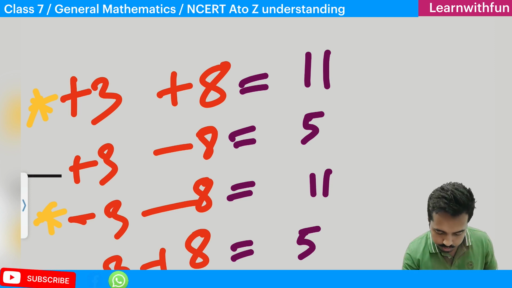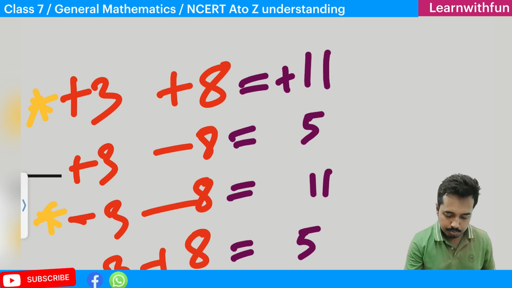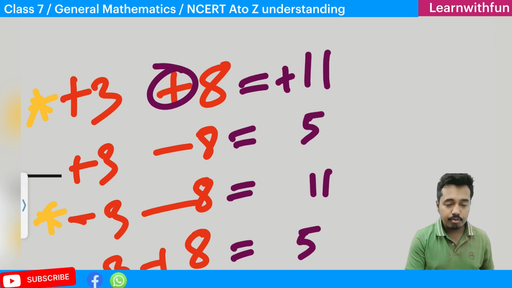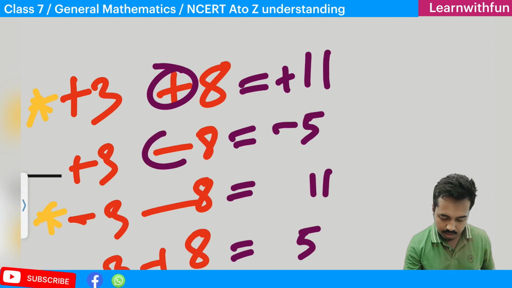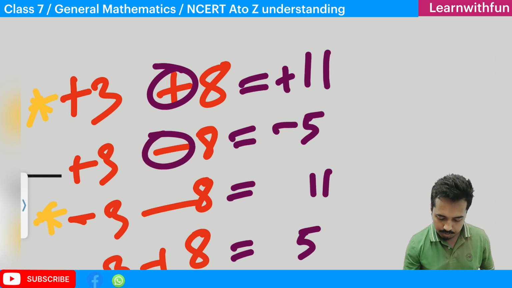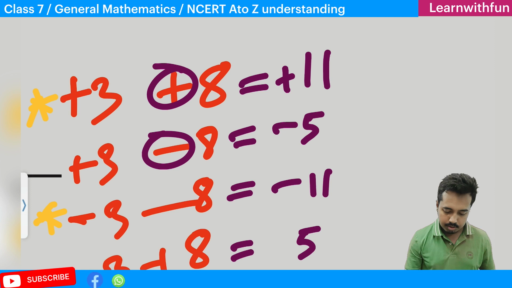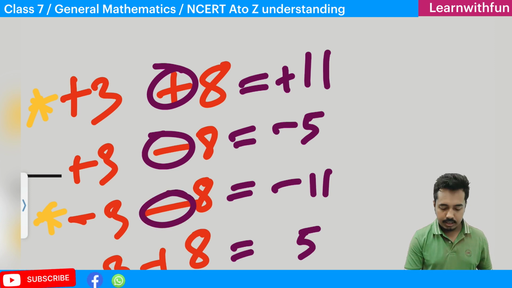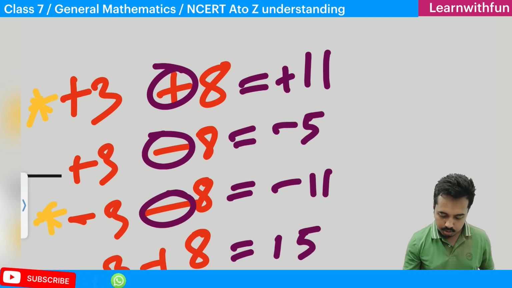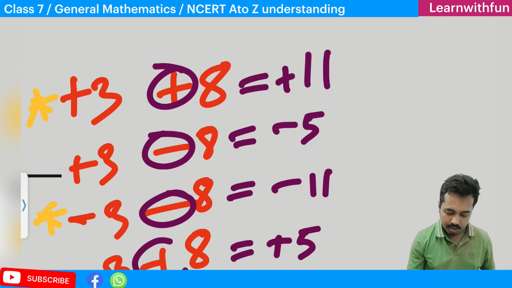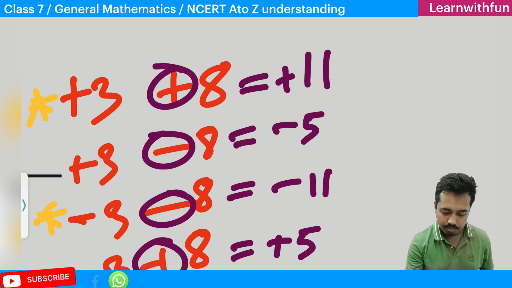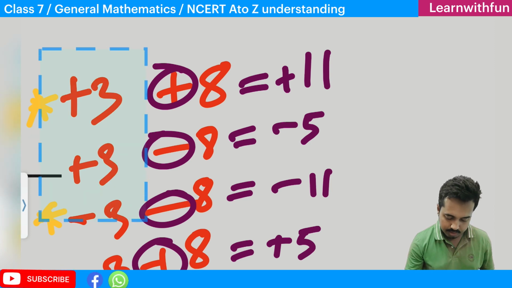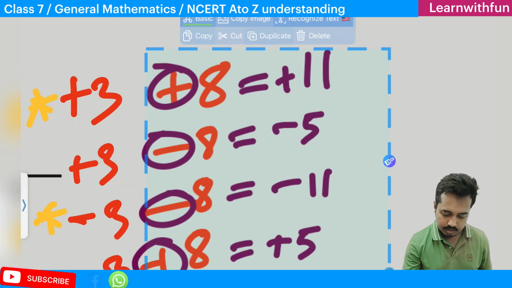So you'll put a positive sign where the positive sign is before 8, and a negative sign where there is a negative sign before 8. Just like this, you will have to add these integers.